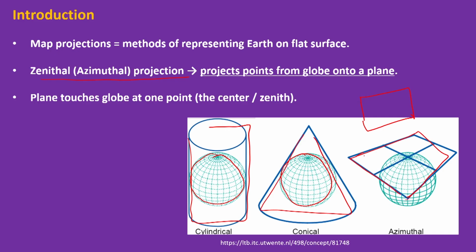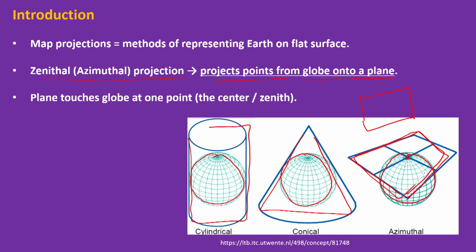Zenithal projection is nothing but projecting a point from the globe onto the plane. Assume that this is the globe and we are choosing any one point on the flat surface.